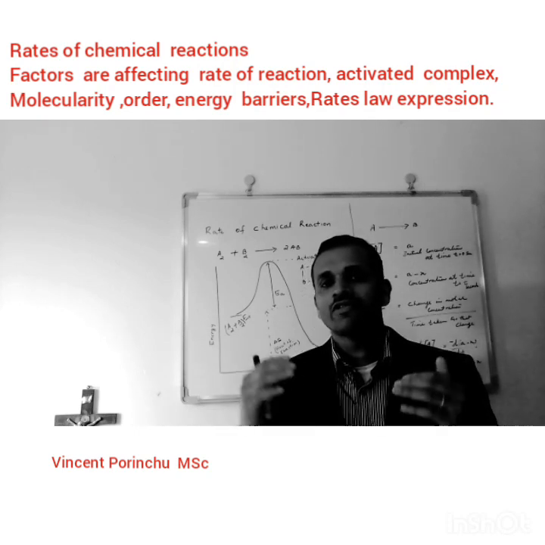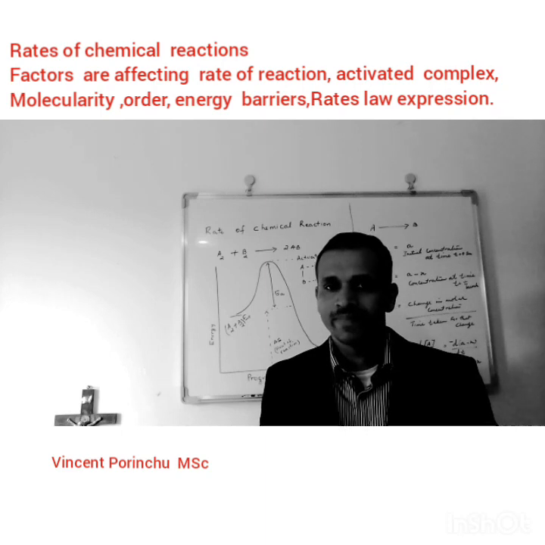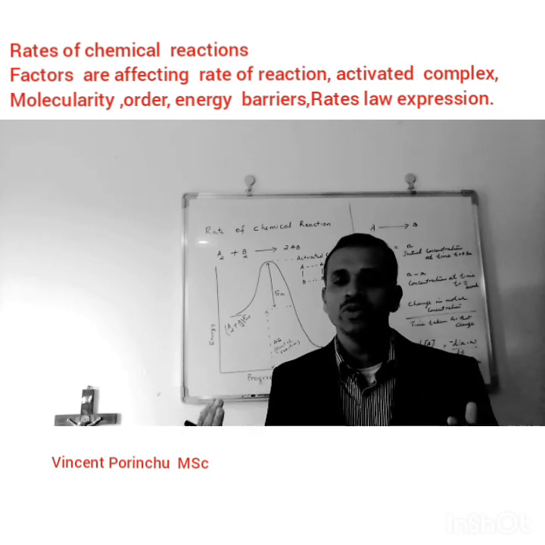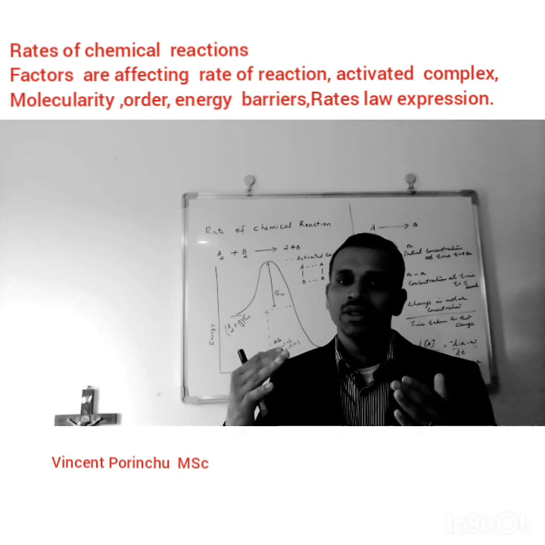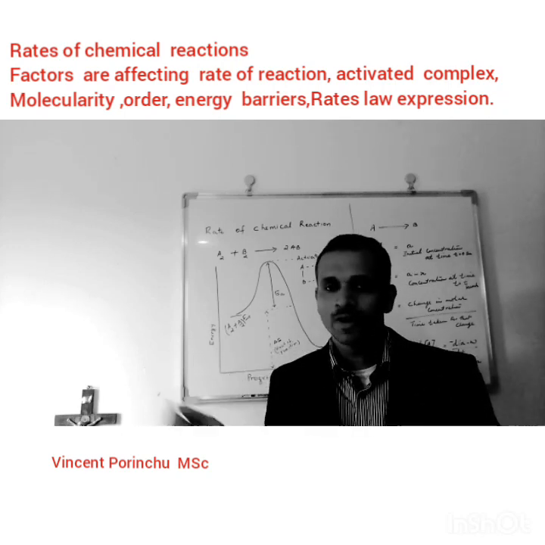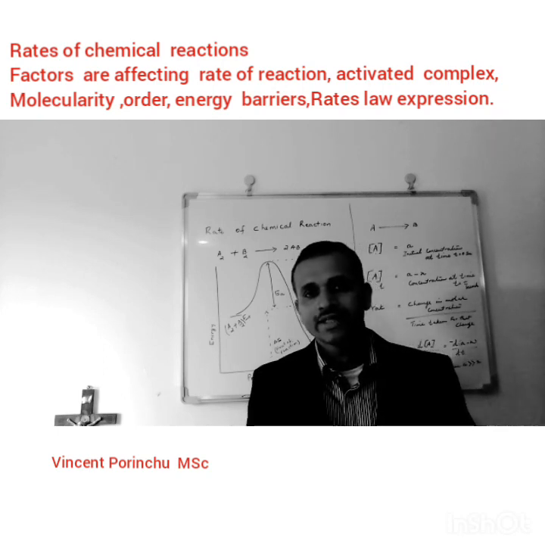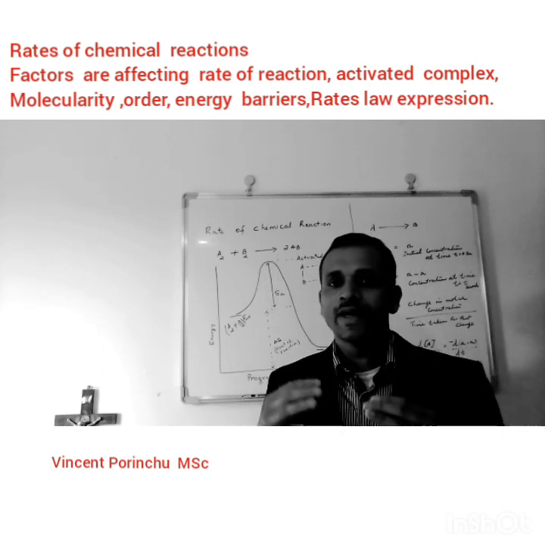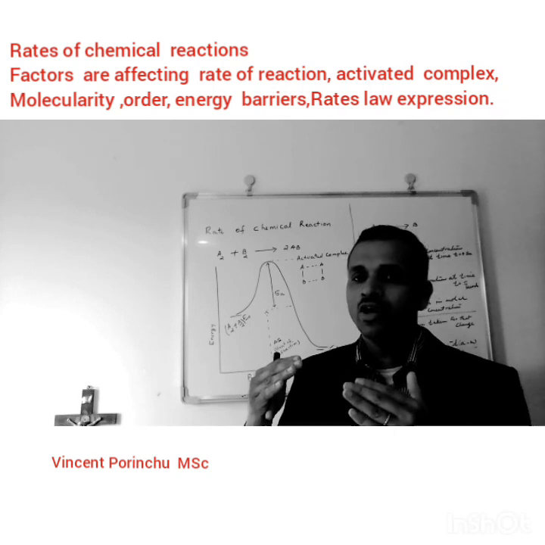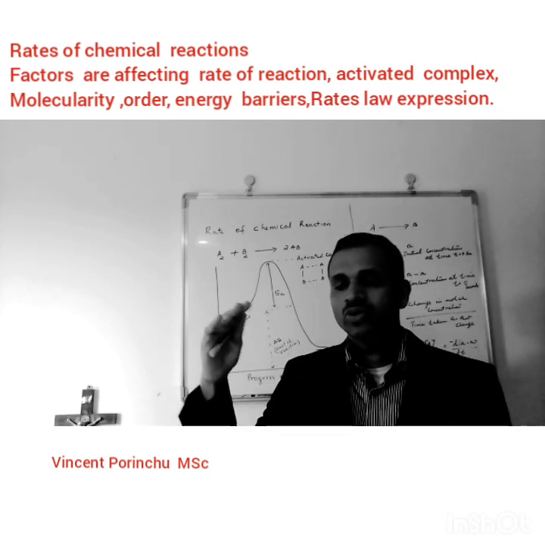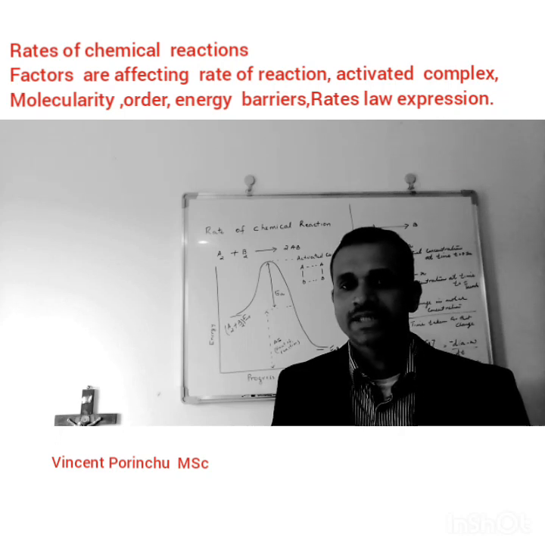So what is the role of a catalyst in a chemical reaction? Catalysts help to create a new energy path from reactants to products. According to the kinetic theory of collision, catalysts lower the energy barrier to the activated complex.